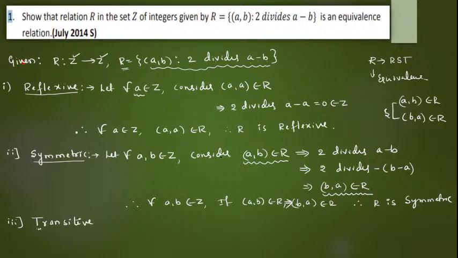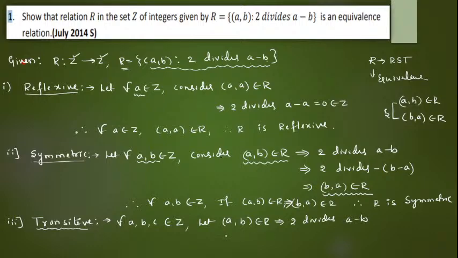It is very easy. Just you need to practice the steps here. So what is the transitive condition? Here we have taken two integers, but for the transitive condition we need to check three. Let us consider a, b and c as three integers belonging to Z. Let (a, b) be an ordered pair belonging to R. This implies 2 divides a minus b.